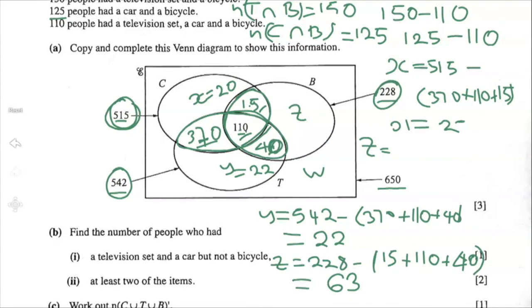The last value we have to find here is that value of W. Those who have none of the 3, they have neither a television set, nor a car, nor a bicycle.